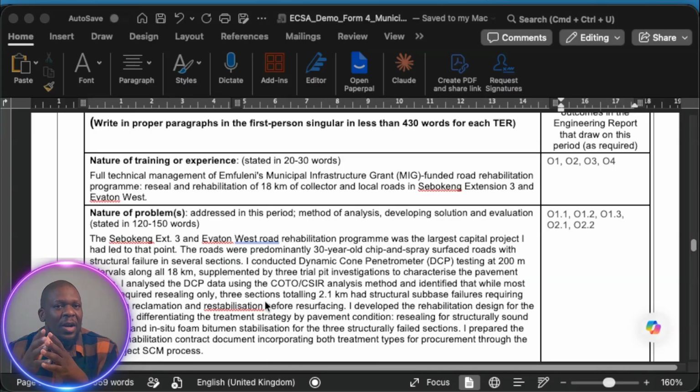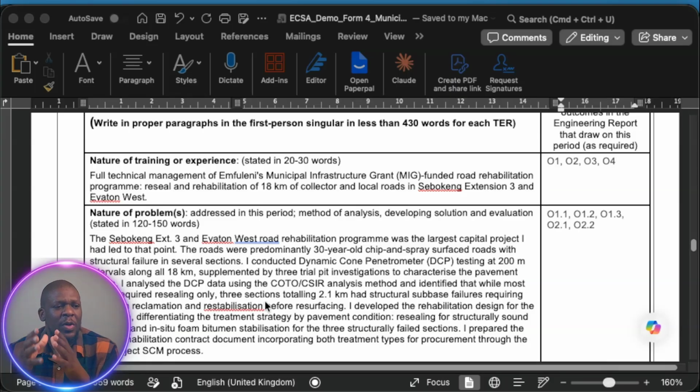So the nature of problem: the problem here is the road requires rehabilitation. And how did you determine that the road requires rehabilitation?